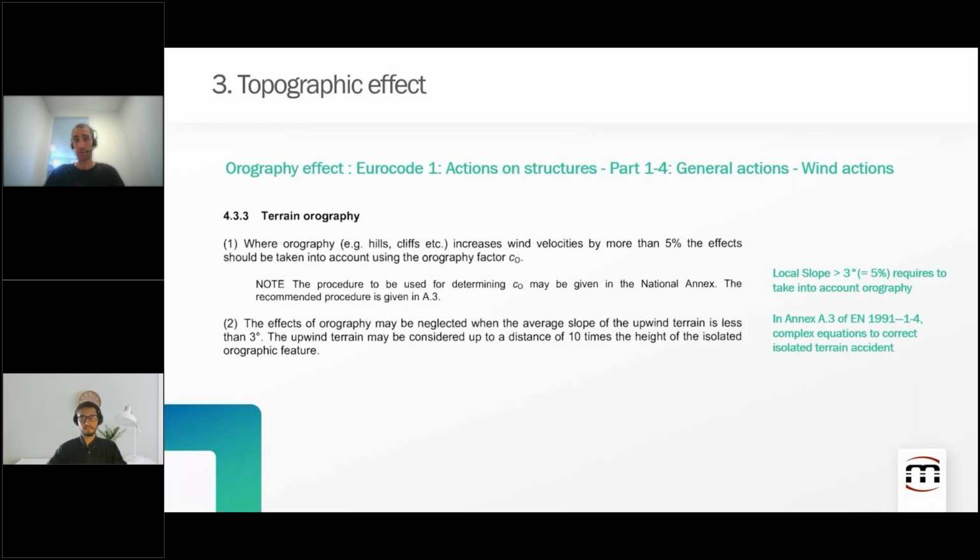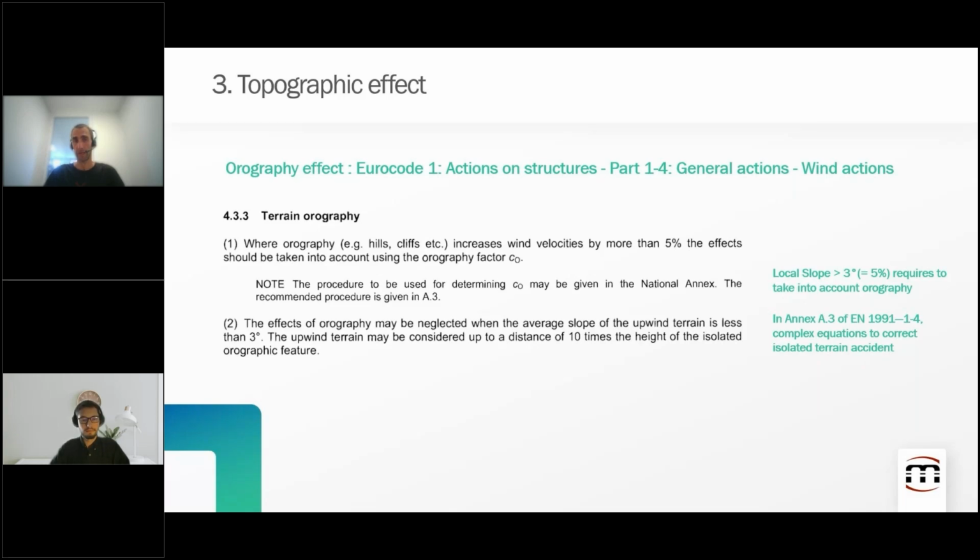And you have to consider, around your buildings, a distance of 10 times your local isolated orography effect. So if you have a cliff, let's say for example, 50 meters high, it will affect a radius of around 500 meters around your project.